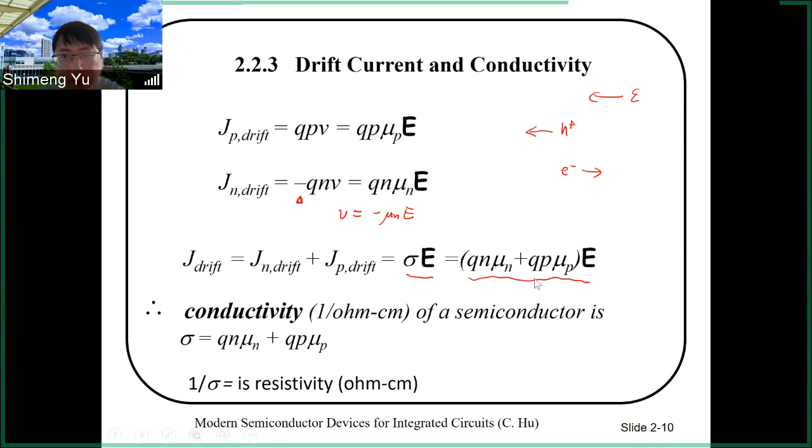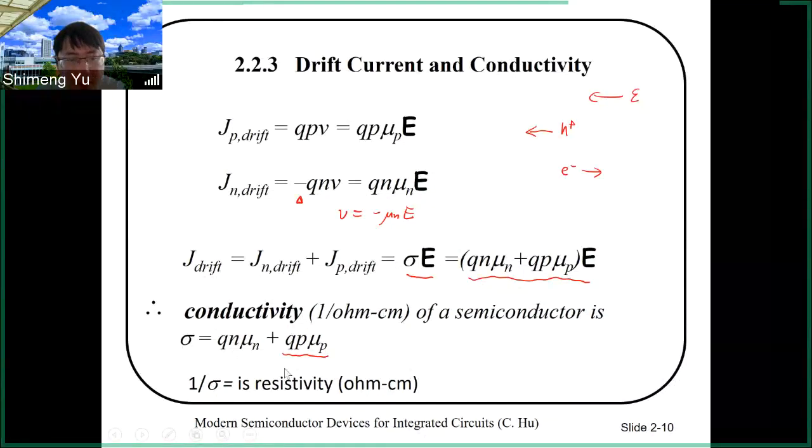So this is very similar to lecture 2 when we discussed the electron in the copper, the metal. So here you can get the conductivity, sigma equals q n mu n plus q p mu p. So if you compare to lecture 2, the only difference is that we have one more term here. This is because in the semiconductors we have both electrons and holes, but in the metal we only have the electron.